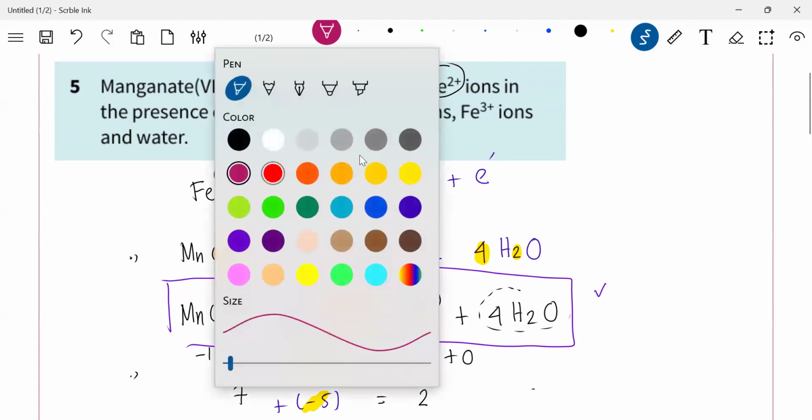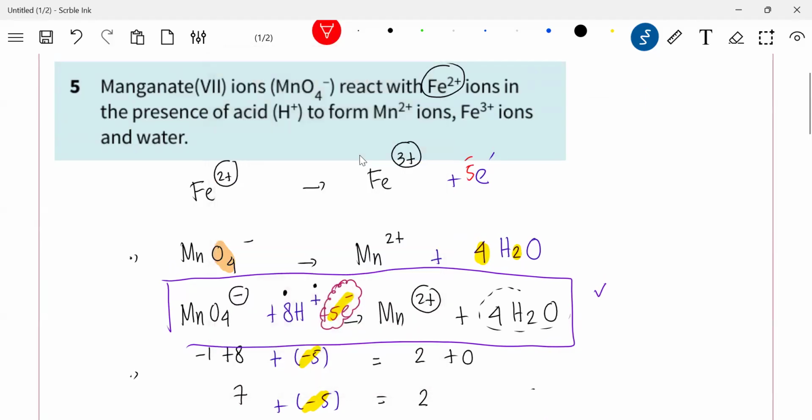So you have to times 5 here to make it the same. Understand? So both equations I will times with 5.